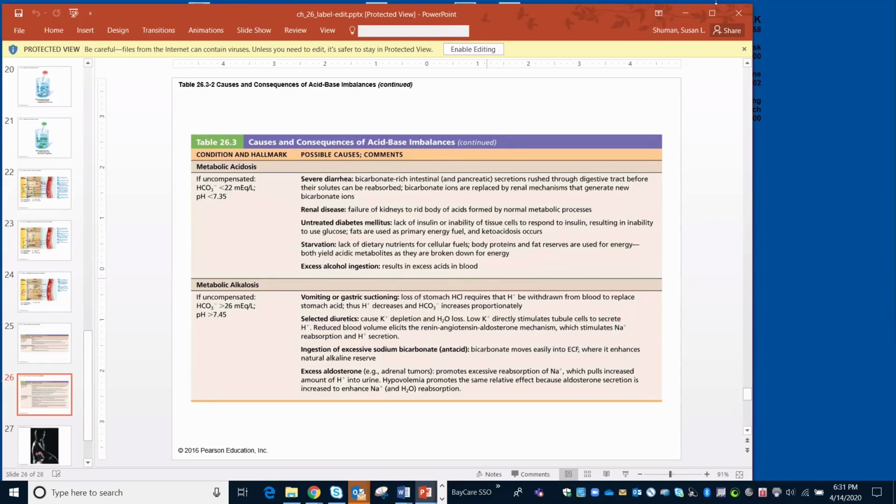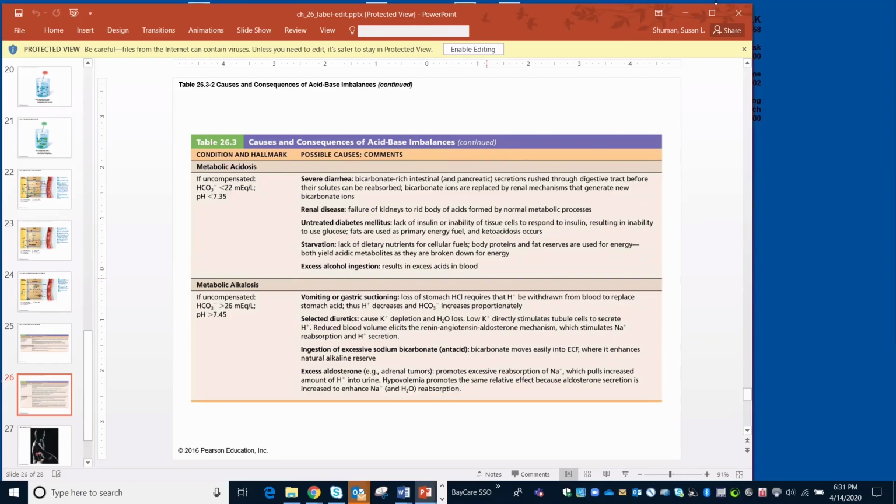Carbon dioxide is at 55. High, low, or normal? High. Okay, bicarb is at 27. High, low, or normal? High. Okay, so what is going on here?